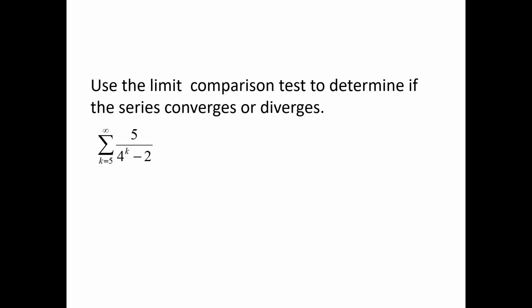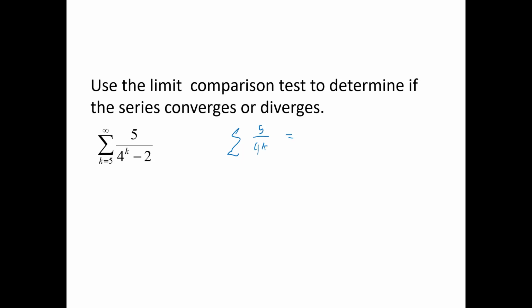Okay, so again, what we should compare this to is ignore all but the fastest growing terms in the numerator and denominator. And so what we should compare it to is 5 over 4 to the k.